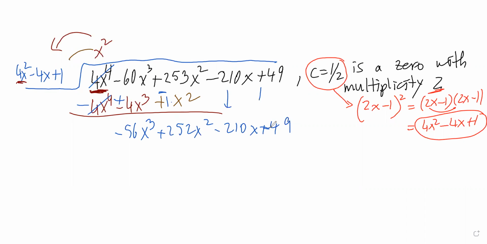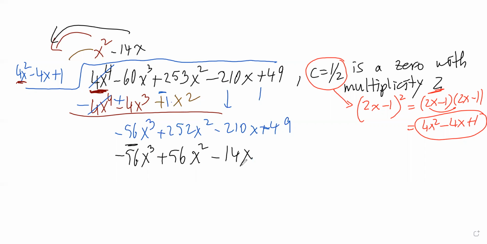And then we're going to repeat this process until we get the remainder, the degree of the remainder less than the degree of the divisor. Okay, so 56 divided by 4 now, so this is negative 14x, and multiply this with the divisor. So that will be negative 56x cubed, positive 56x squared, and then negative 14x.